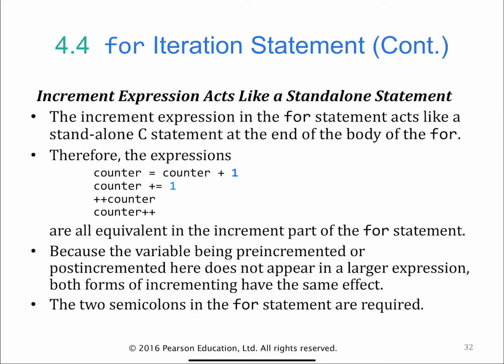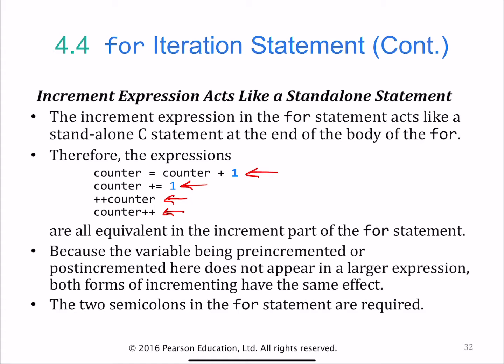As far as the increment and decrement operations are concerned, so let's say you want to run a for loop, you want to increment the control variable by 1 every time. That can be written as counter is equal to counter plus 1, what we've been doing so far. You can also write it using this shorter hand notation, or you can use the pre-increment or even the post-increment operators.